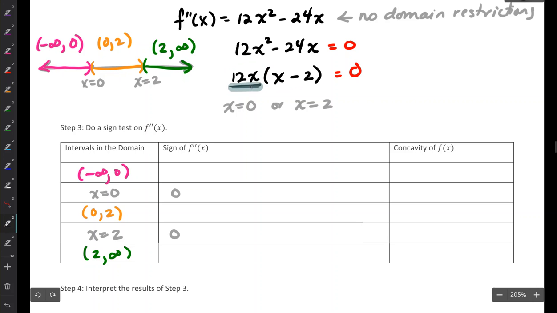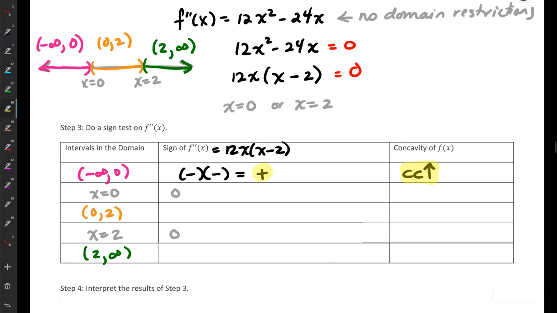Minus 10 times 12, and minus 10 minus 2. The first is a negative, and the second is also a negative. A negative times a negative is a positive. We are concave up. I'm going to do CC up for concave up.